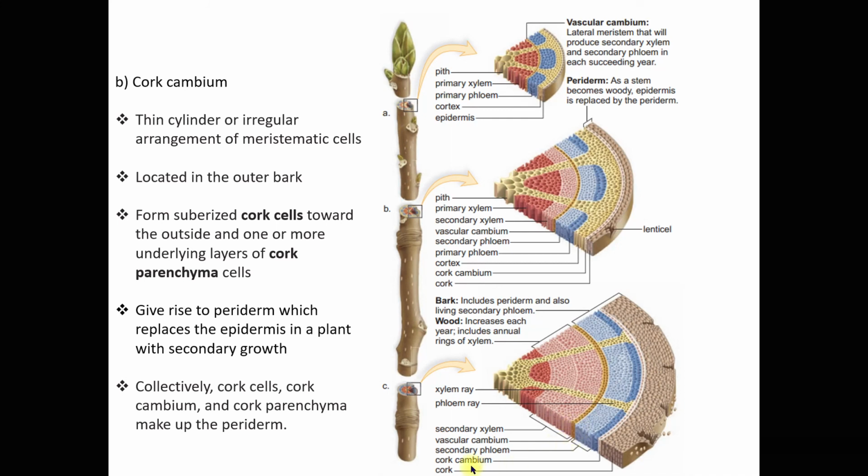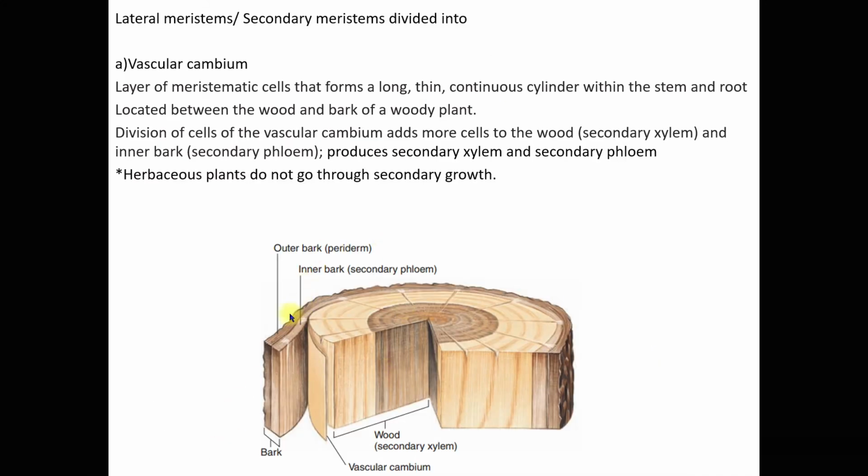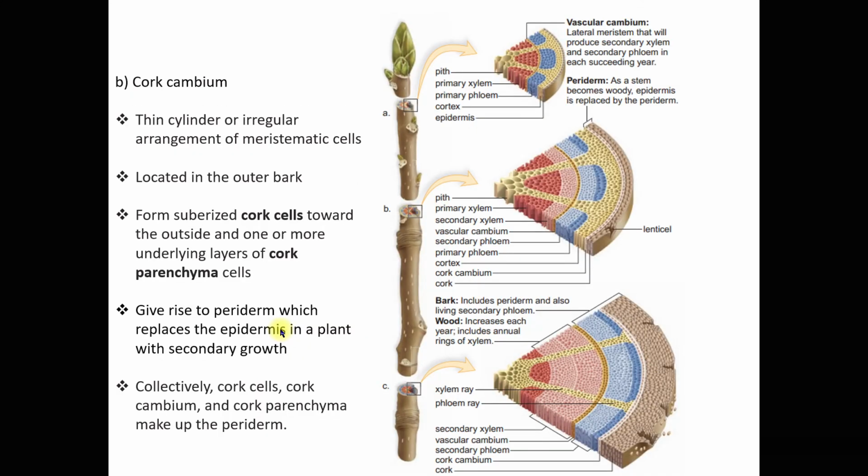Now, the cork cambium, this layer. This cork cambium is a thin cylinder of irregular arrangement of meristematic cells located in the outer bark. If you recall, this is the outer bark. Cork cambium forms the suberized cork cells.